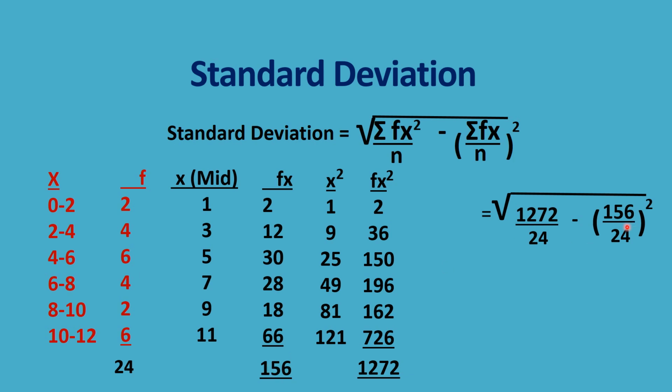So that is put here according to the formula and divided by n, that is 24. And then it is calculated, we'll get square root of 53 minus 42.25 and the final answer is 3.28. This is the standard deviation calculation in continuous series.